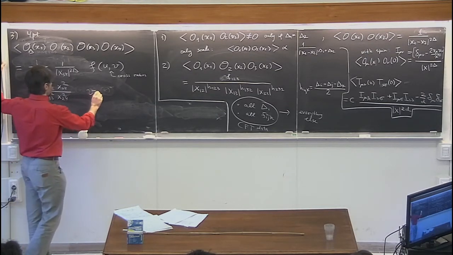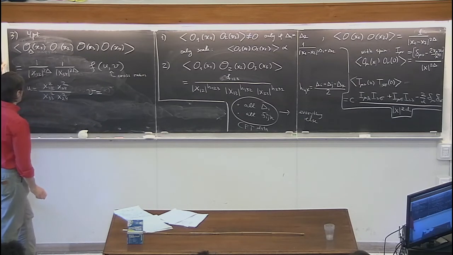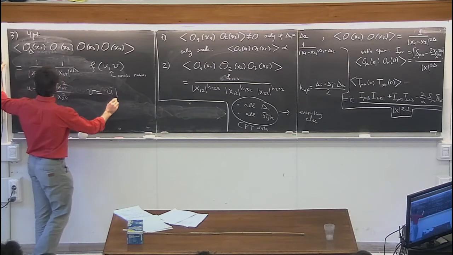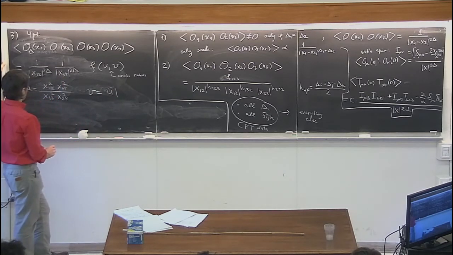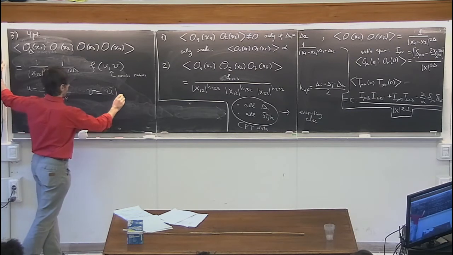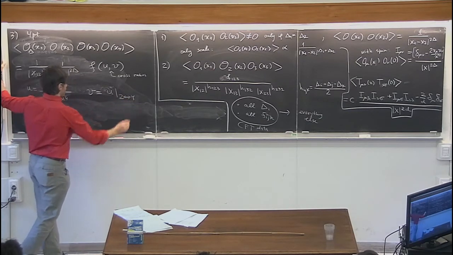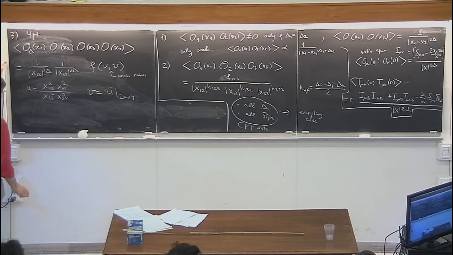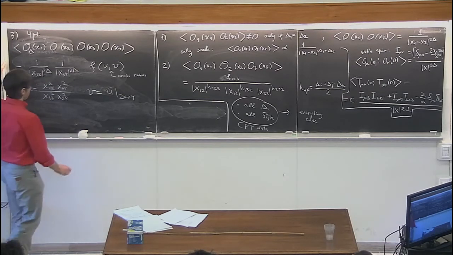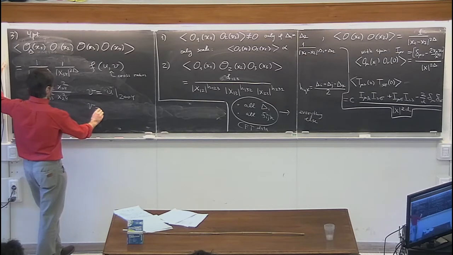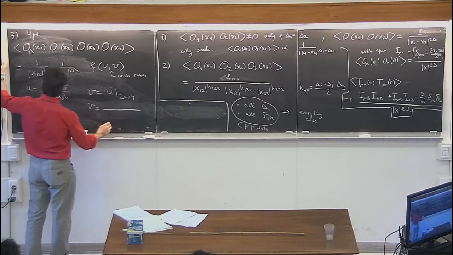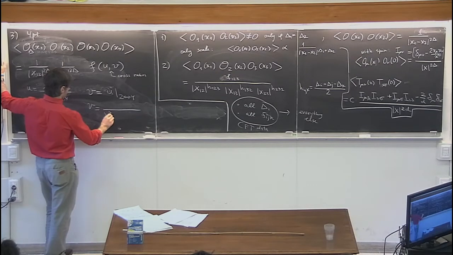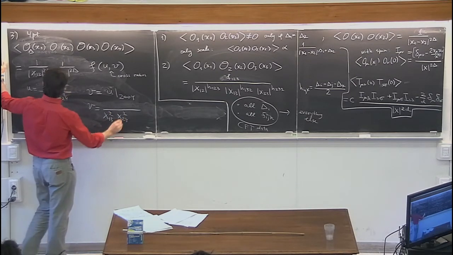and v is the same as u, but you have to interchange points 2 and 4. So it means that v is equal, the denominator is the same, x13 squared, x24 squared, but the numerator changes.